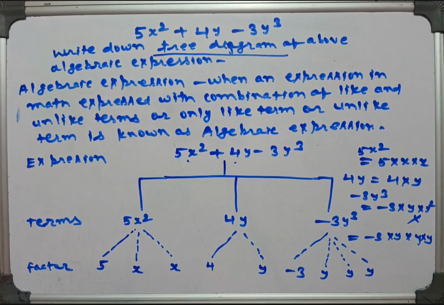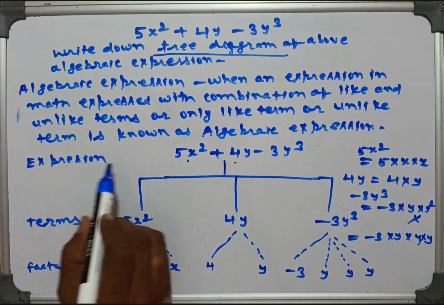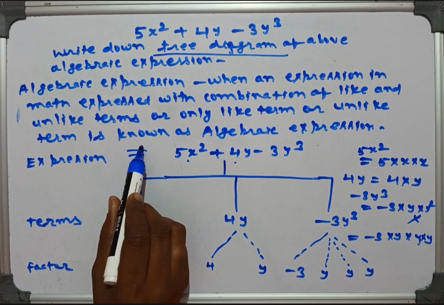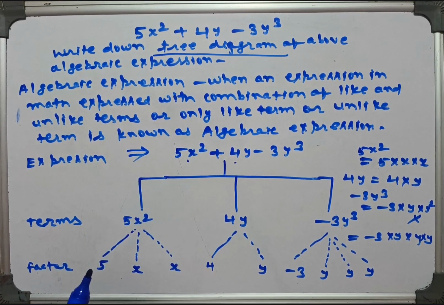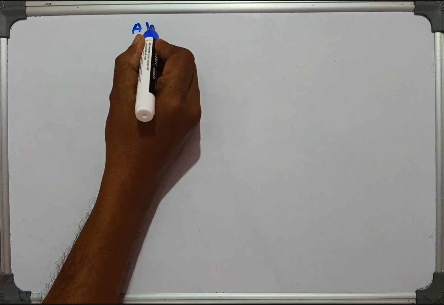So guys, in this way we can draw a tree diagram in algebra, or you can say for a mathematical expression. Okay guys, now next we will see various algebraic expressions which are commonly used while writing an algebraic equation or expression.